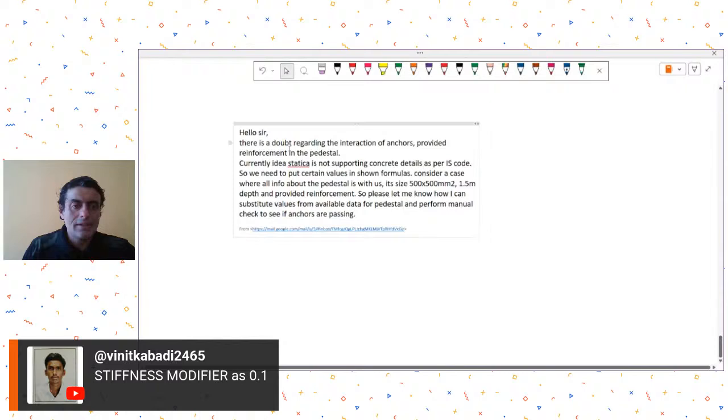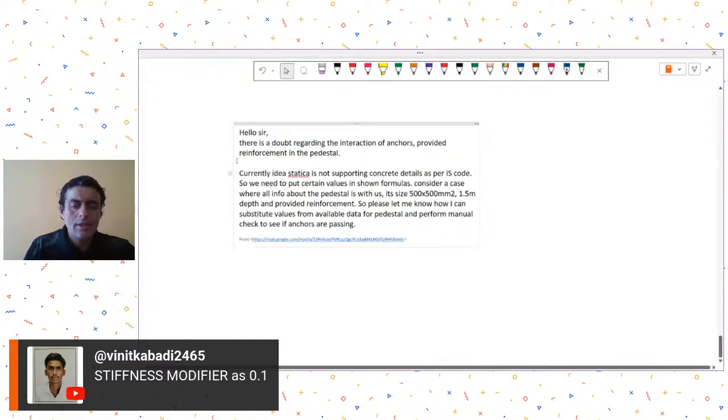He is asking, there is a doubt regarding the interaction of anchors with provided reinforcement in the pedestal. Currently, Idea Statica is not supporting concrete details as per IS code. So we need to put certain values in shown formulae.